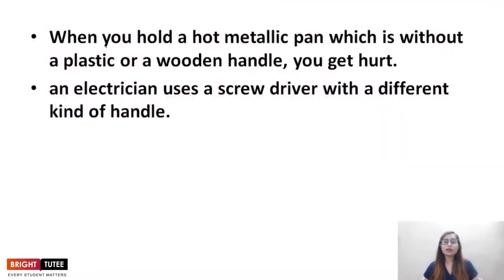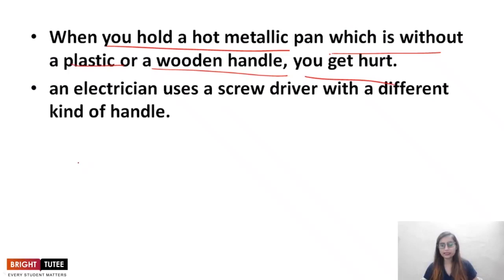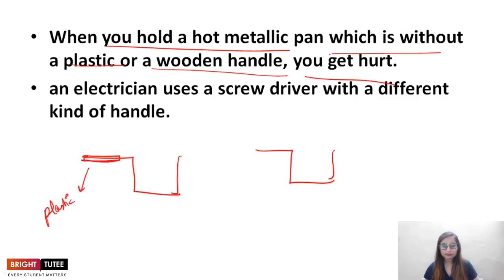Now when you hold a hot metallic pan which is without a plastic or a wooden handle, you get hurt. Basically, imagine this to be the pan, right? Imagine two pans. Now there is a pan with a plastic handle on it, and you are heating it continuously, right?